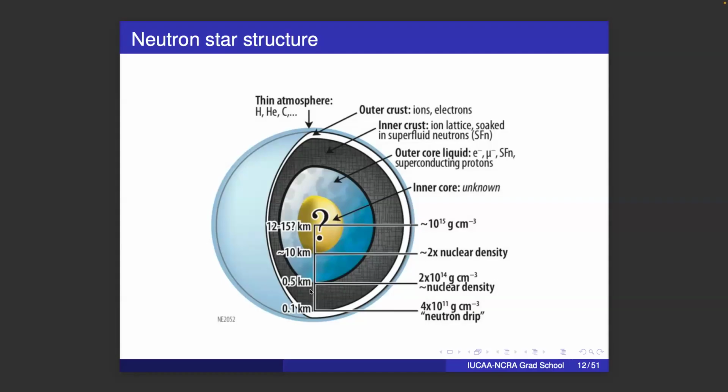And the densities can go up to this value, which is 2 times nuclear density. This is comparable to nuclear density. And then at these densities, there's something known as neutron drip, which I don't know exactly what it is. And there is even a thin atmosphere consisting of hydrogen, helium, carbon, and a few other elements.